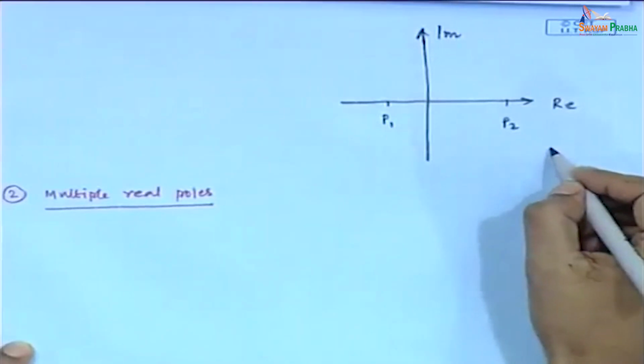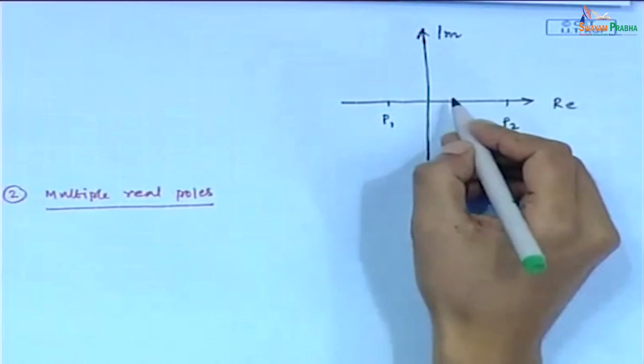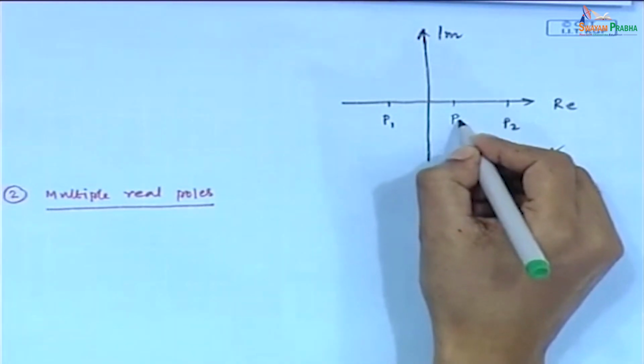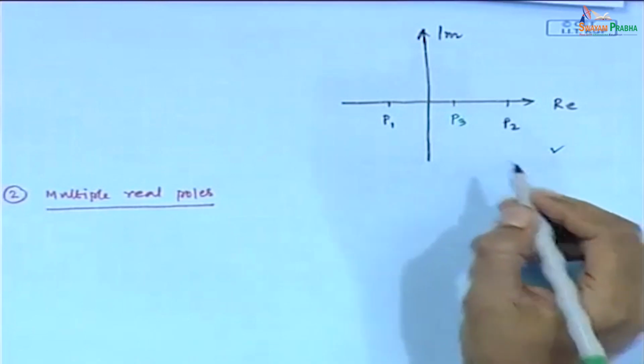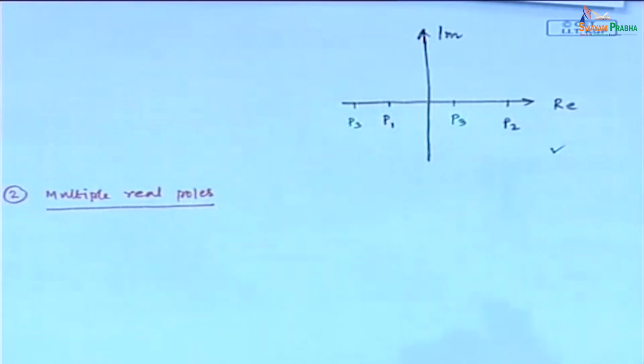We will consider multiple poles represented by P3. First, you locate that P3 in this complex plane. Suppose one P3 is here, another P3 is here. Like this, P3 is repeated m times.